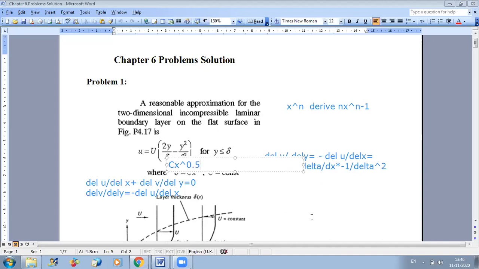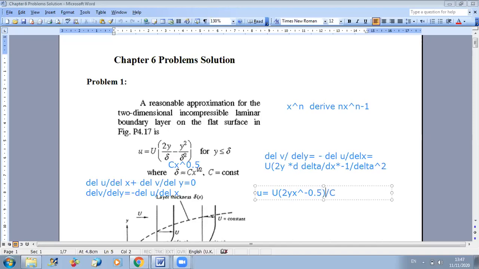So we write u equal to big U times 2y times c times x to the power half over c. I take x up, x to the power minus half, x to the power minus 0.5.